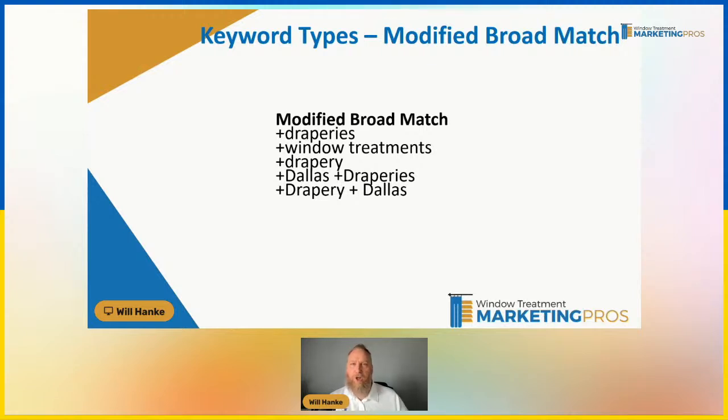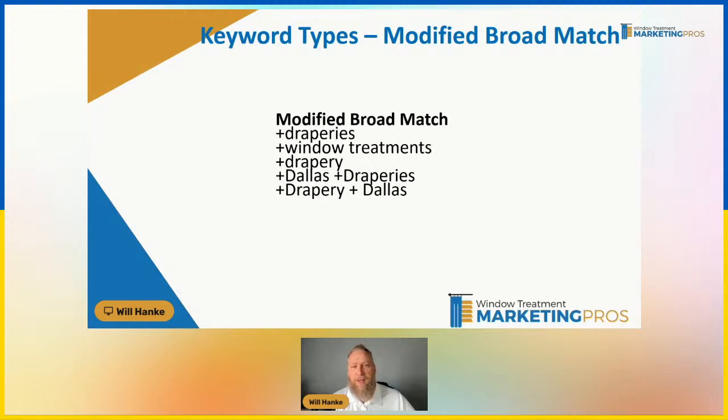As long as the word is in the search at some point, that's what's considered a modified broad match. They see the word in there. Okay, we'll show the ad when that person uses that particular word. Last example here, drapery plus Dallas. So in that case, both of those words need to show up before your ad would show.